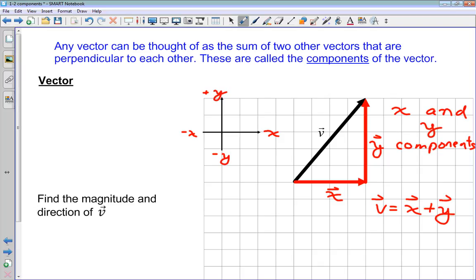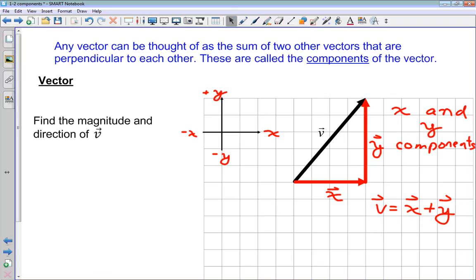And what we're asked to do over here is find the magnitude and direction of vector v. Now, how can we do that? Well, looking at our diagram here, we can see what the magnitudes of our two component vectors, x and y, are, just by making reference to the grid here. The magnitude of vector x is 1, 2, 3, 4. The magnitude of vector y is 1, 2, 3, 4, 5.